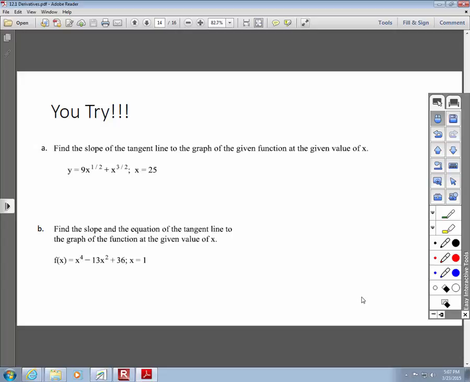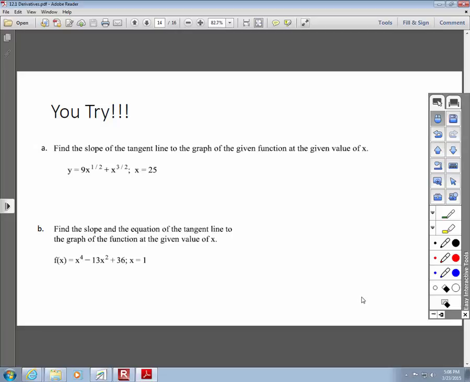It is equal to 5, right? So therefore, I can rewrite this as 9 over 2 times 5, because the square root of 25 is 5, plus 3 times 5 over 2. Okay, so that's 9 over 10 plus 15 over 2, and that's going to give me the answer.